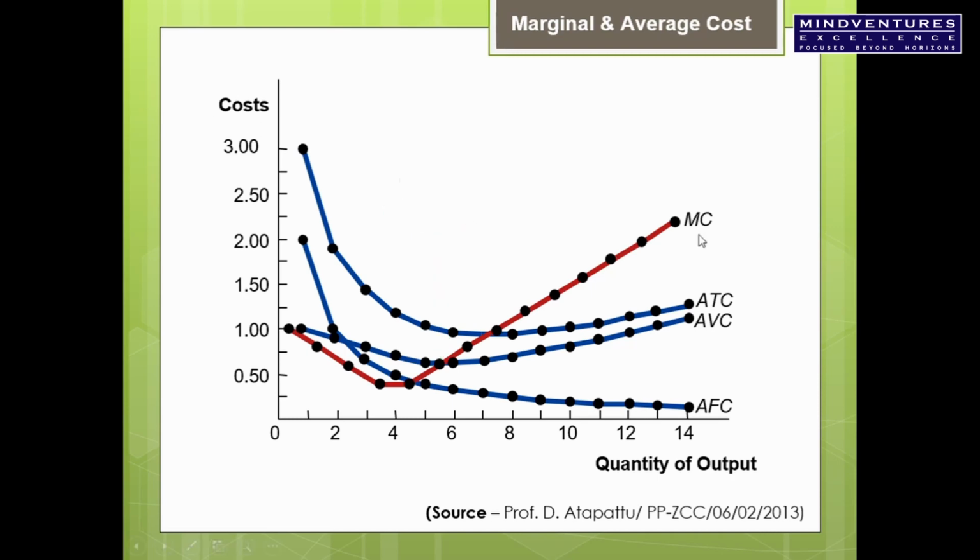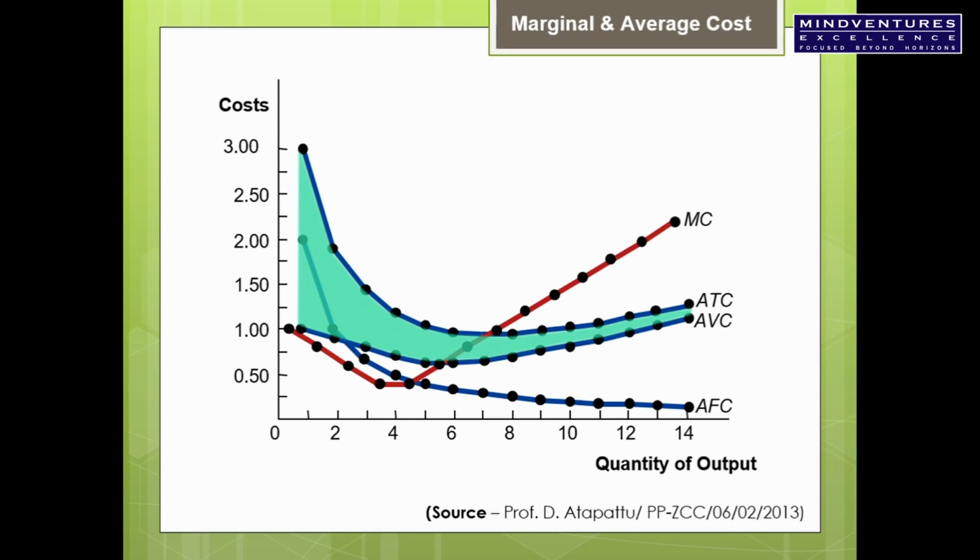Then you can see, unlike the previous slide we saw, where the vertical distance between total cost and total variable cost was parallel, or the distance was always the same, now it is not the case. Now the vertical distance between ATC and AVC continuously tends to decrease.